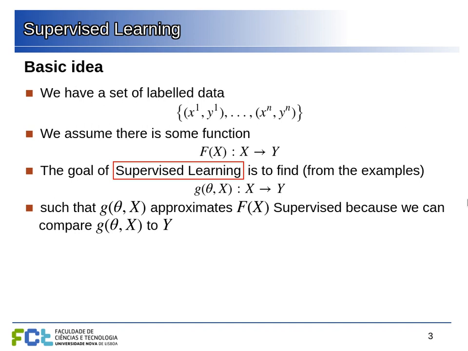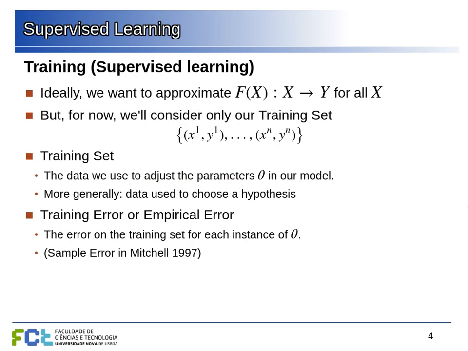So this is the idea of the supervised learning problem. What we want is to obtain these theta values in a way that this function g of x will now be as close as possible to that f of x. So this would be the ideal, the goal would be to approximate this function f of x for all possible x's.